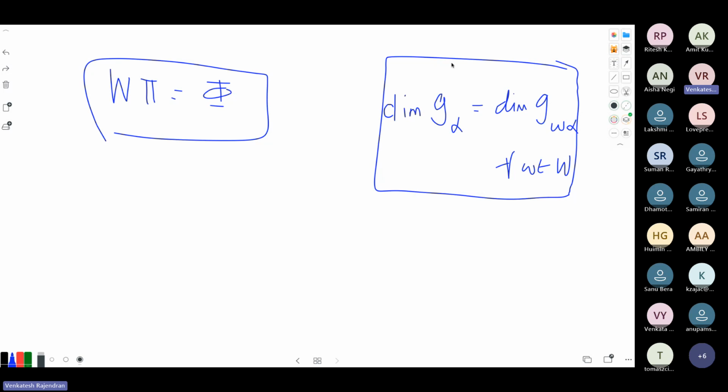These things go through without any difficulties for the infinite dimensional case. This A_ij could be any matrix as long as you get an SL2 triple.